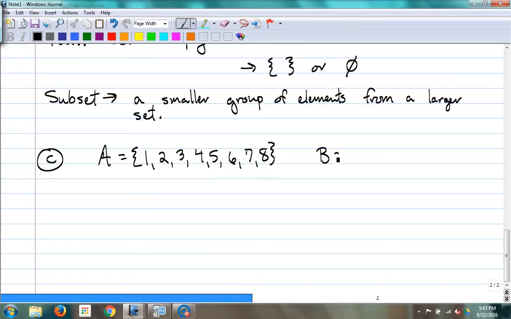Set B, another part of the problem, has 2, 5, and 7. Now, I want to know, is B a subset of A?